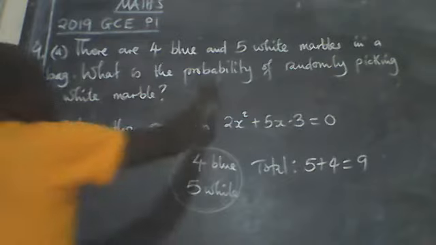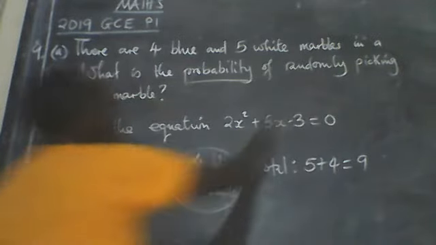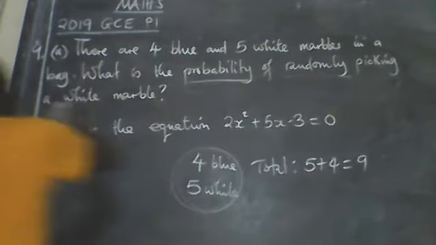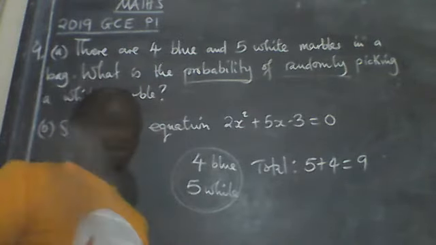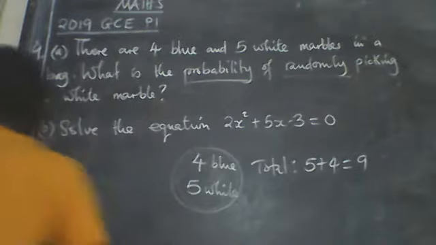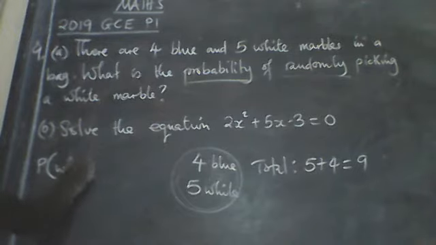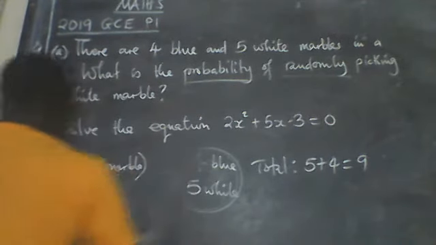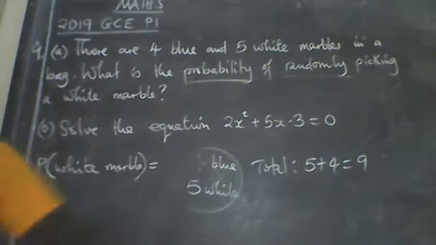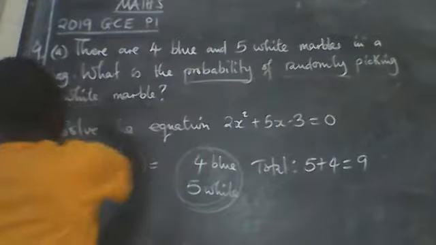Now they are saying, what is the probability, the chance of randomly picking a white marble? You just pick at random. So what's that chance? That's the probability we are talking about. So the chance of picking a white marble will be equal to the white marbles over the total.